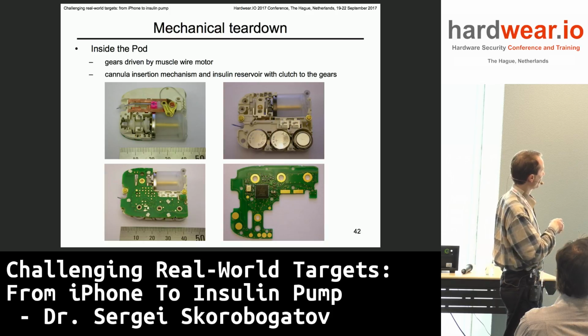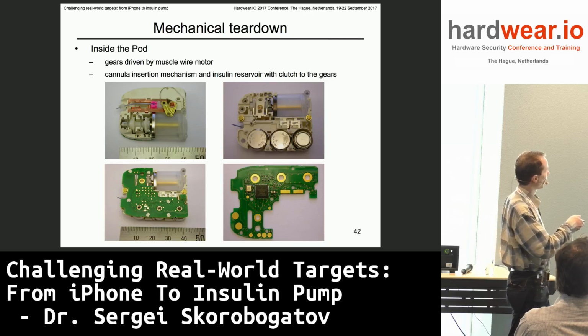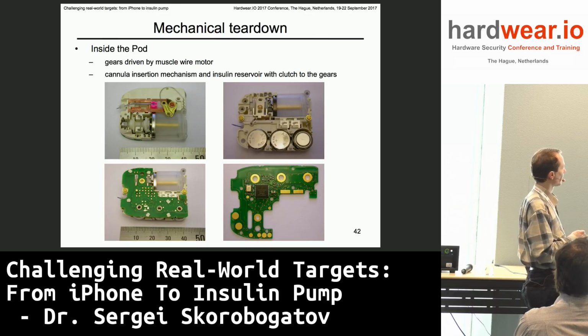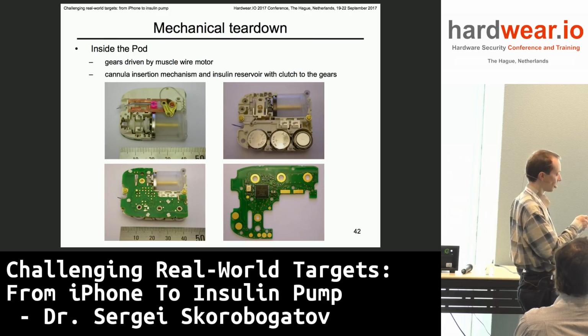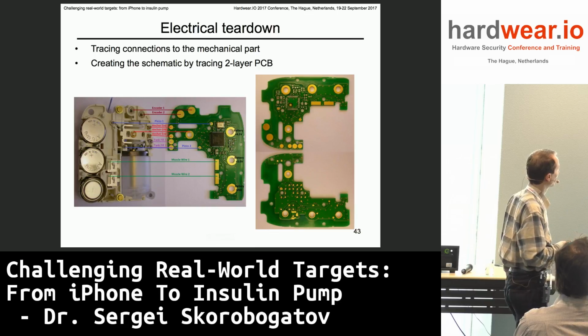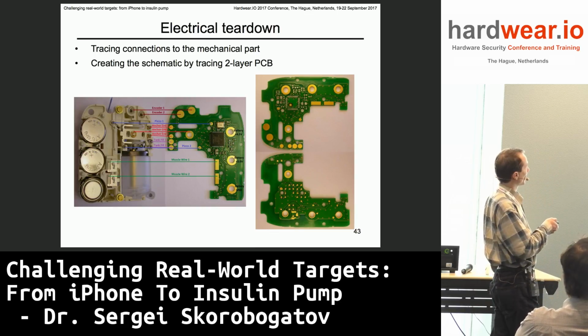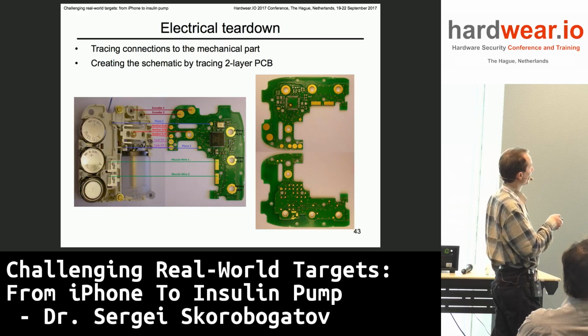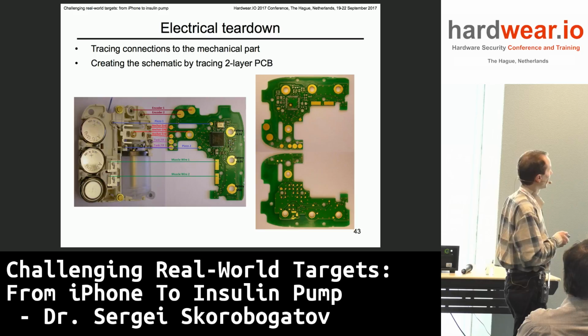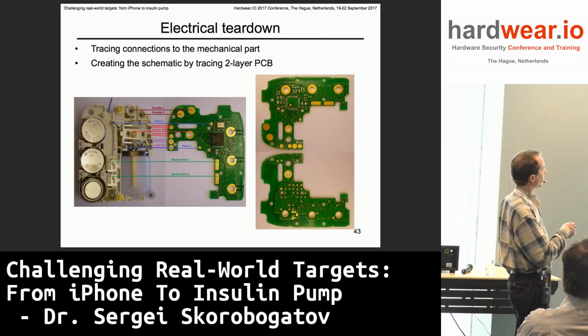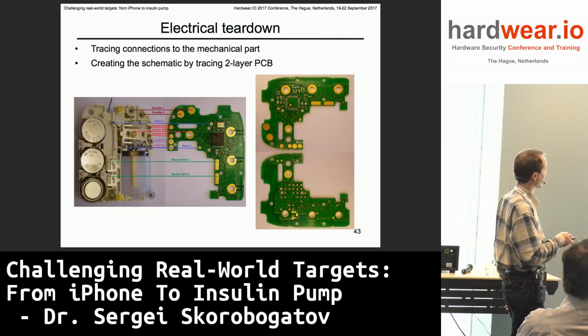They have a PCB attached to the construction, and as you can see on the PCB, they have just one integrated circuit with a few components around. The first thing I did was trace all the connections between the integrated circuit and the mechanical part, and since they only have a two-layer PCB, it was relatively easy to remove all the components, trace all the connections, and then create the schematic.